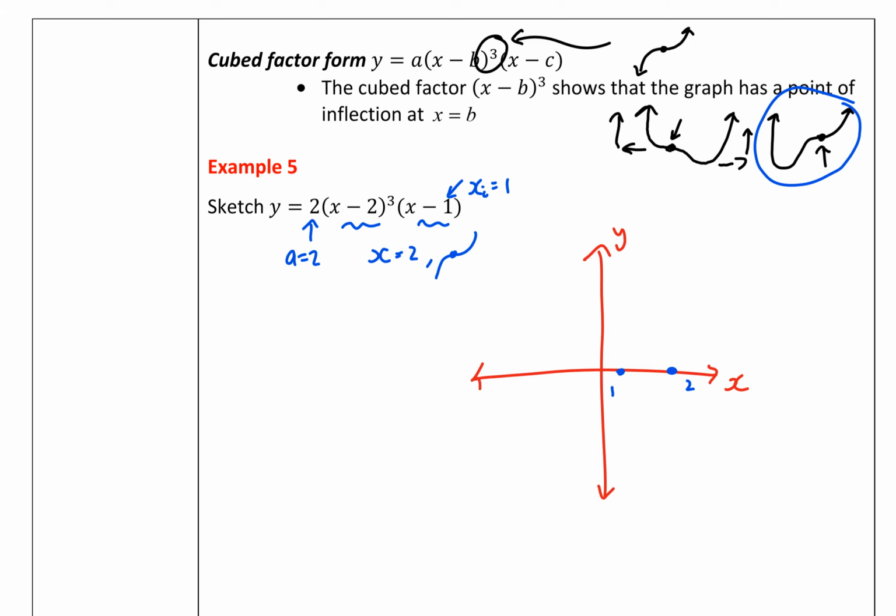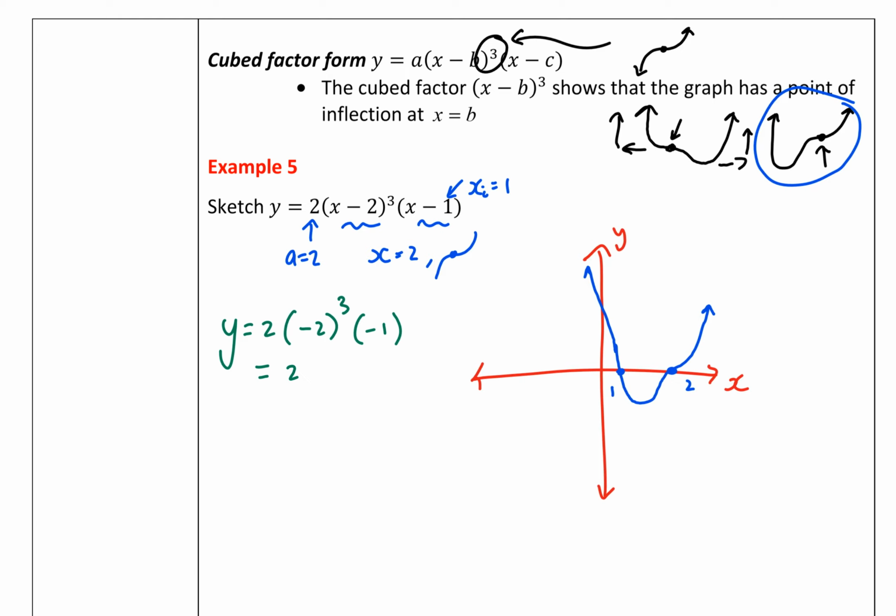So I need to come down. I've got a turning point and a point of inflection. Now I want this to continue as I'm going to hit the y-axis. In order to find that, we might think y equals 2 times (negative 2) cubed times negative 1.